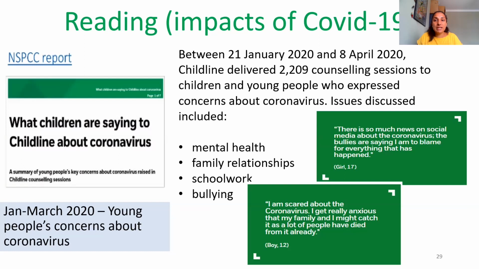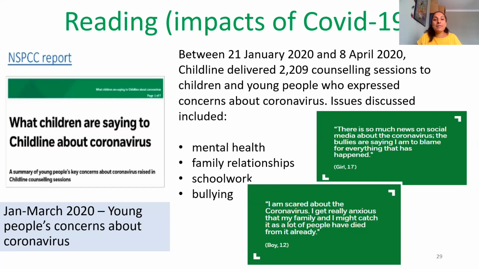You might also want to read the NSPCC report on what children are saying to Childline about coronavirus. This was data taken from the 21st of January 2020 to the 8th of April 2020, where Childline delivered 2,209 counselling sessions to children and young people, and the main concerns they raised were all around mental health issues, family relationships, schoolwork and bullying.